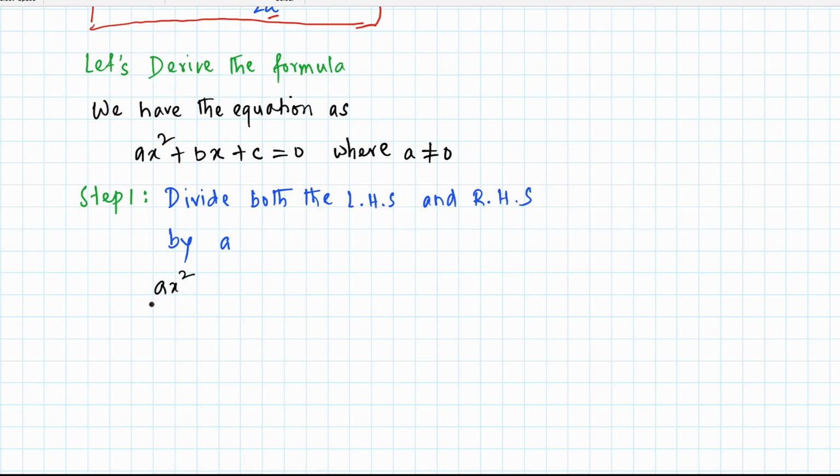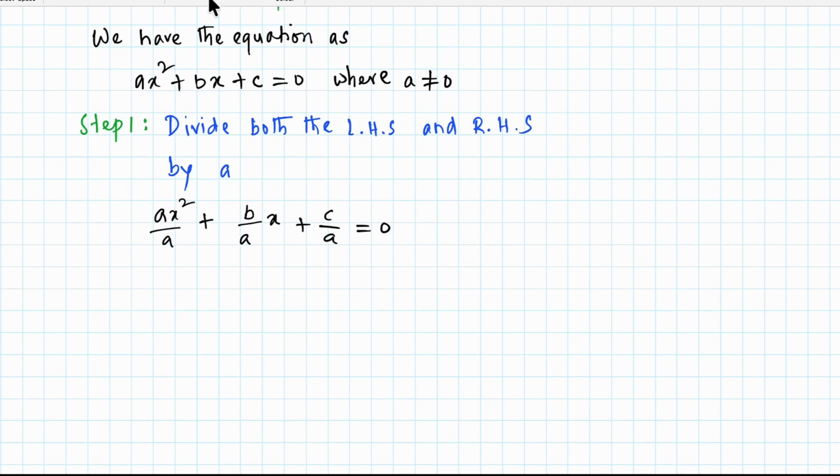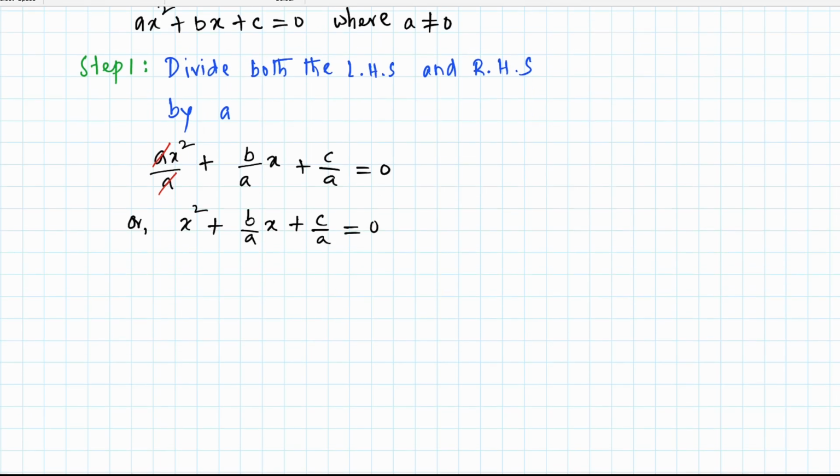So we get x square by a, bx by a, c by a, and 0 by a is 0. The a cancels, so x square plus b by a x plus c by a equal to 0. So this is step 1.